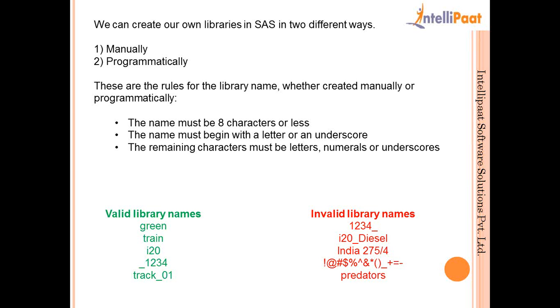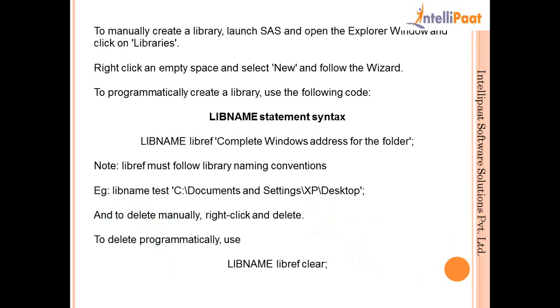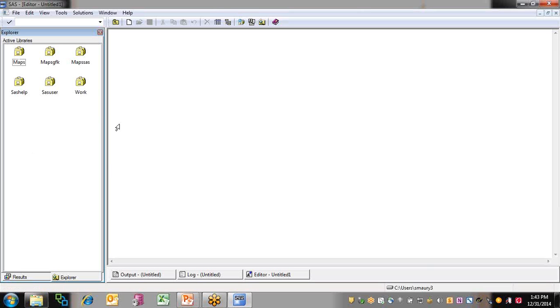As I said, we can create it in two different ways: manually and programmatically. Before I create a library, let me tell you that by default, whatever data sets we create get stored in the Work library.